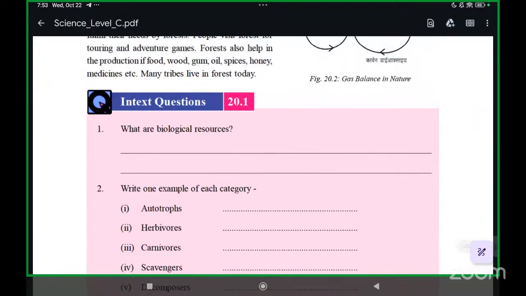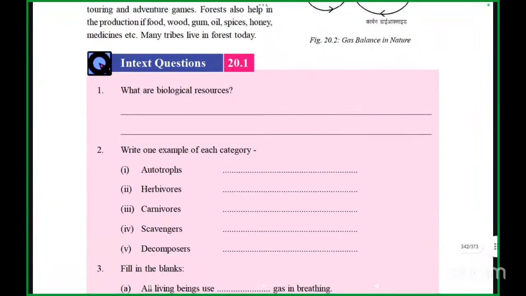Okay. Abraham, first question: what are biological resources? Yes, Abraham, unmute.